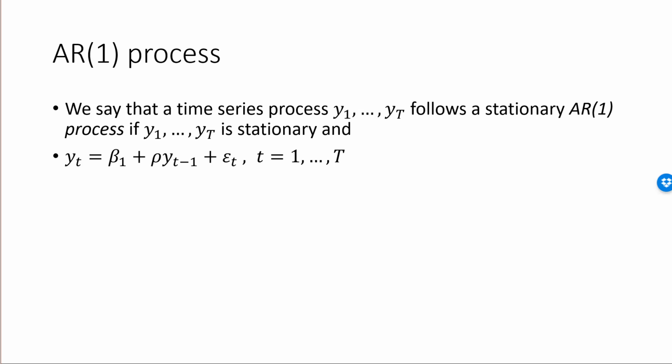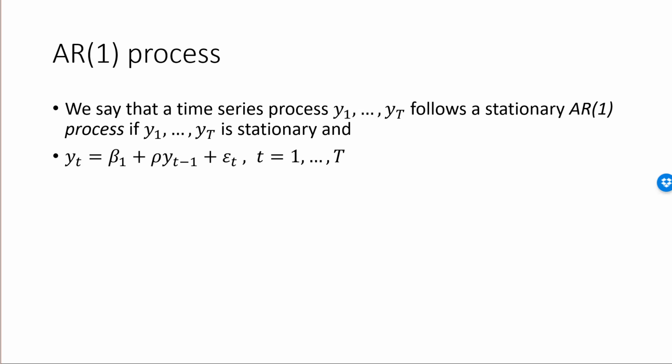The value of Y at time t is equal to a constant beta 1 plus another constant rho times its value in the previous period plus epsilon t, where epsilon is an error term.